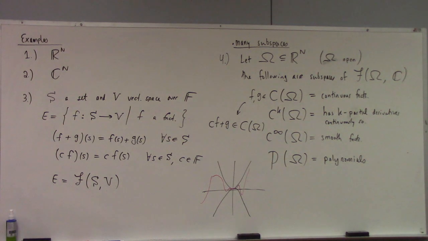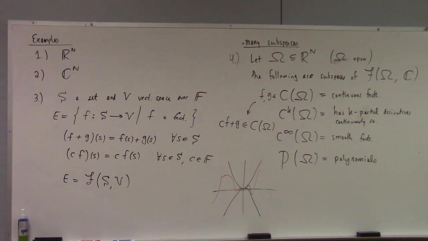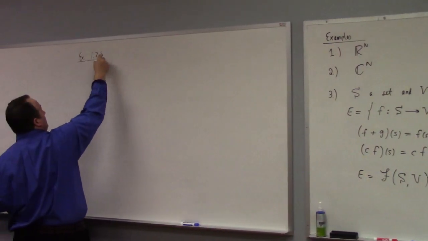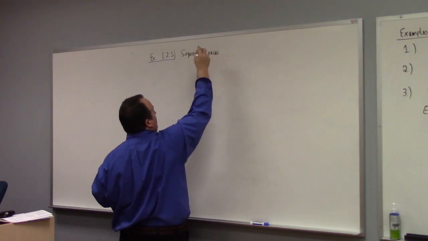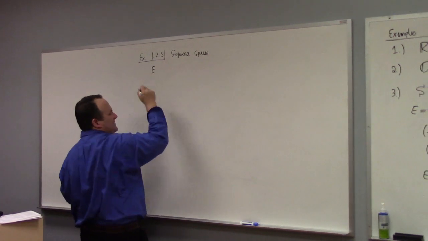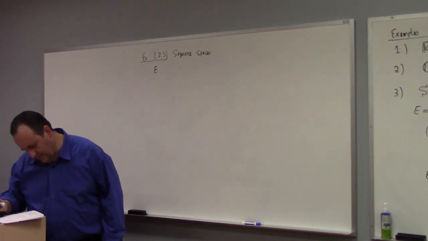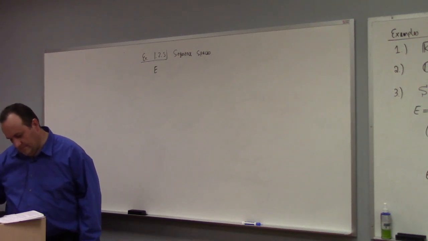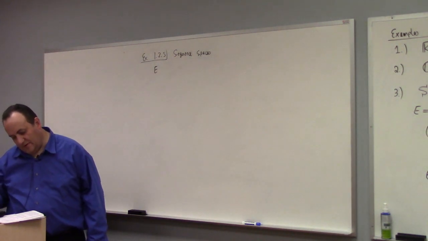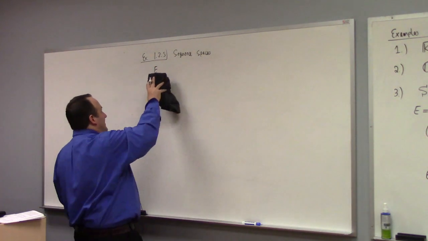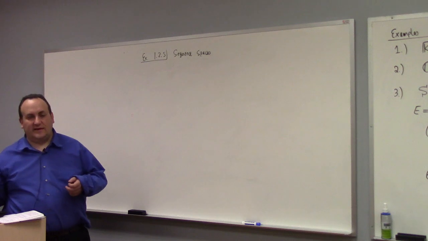So the next example is sequences. All right, sequence spaces. Let me just call it, I don't know, does he have a notation? I'm always debating what kind of sequences, because you can talk about sequences in anything.